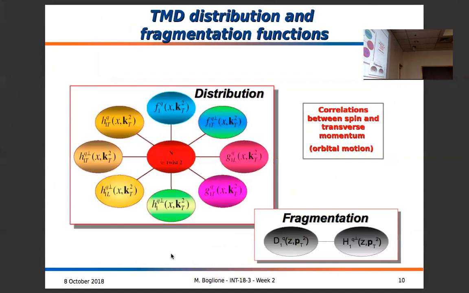While in the fragmentation realm, if you stick to spinless hadrons in the final state, you only have 2 relevant objects. One is the unpolarized fragmentation function, and the other one is the Collins function. And I will stick to that. In today's talk, I will basically talk about the Sivers function and the Collins function.